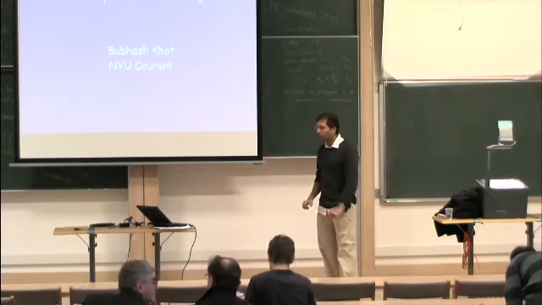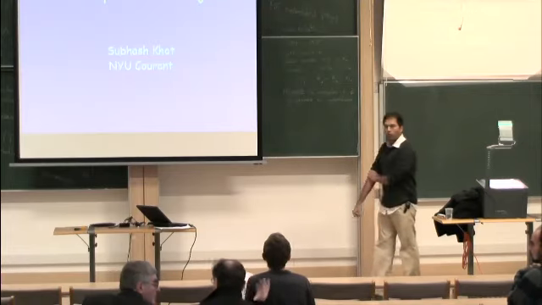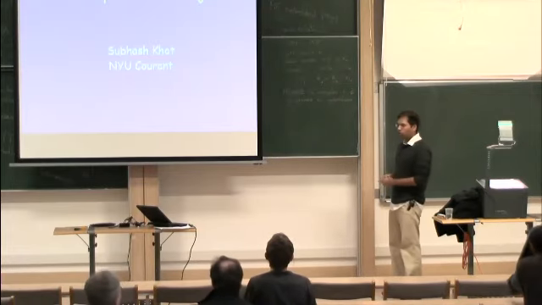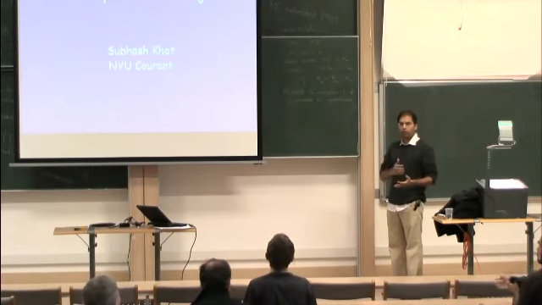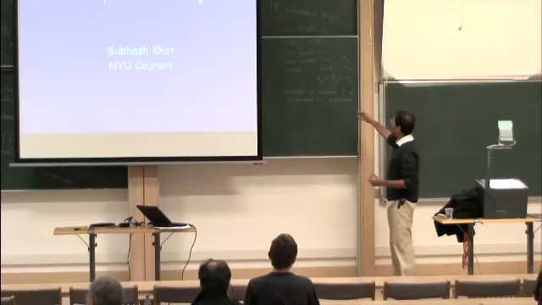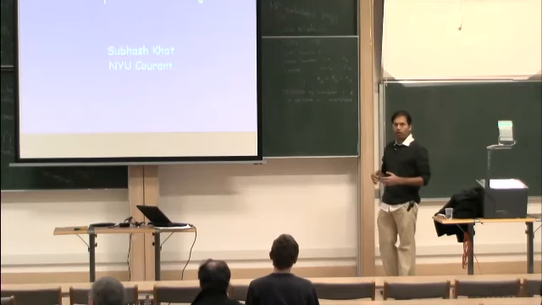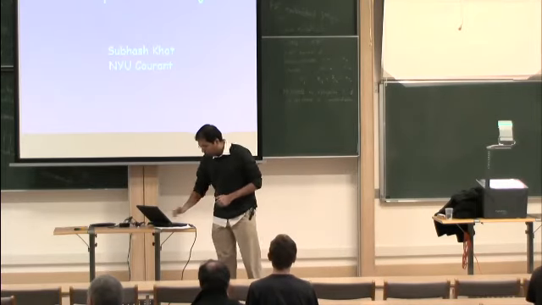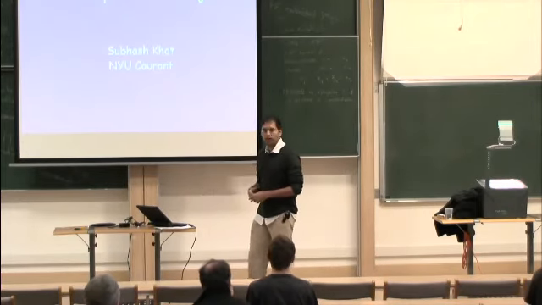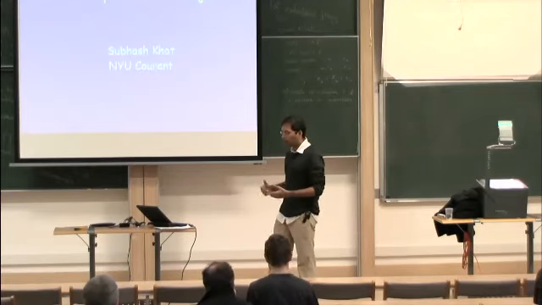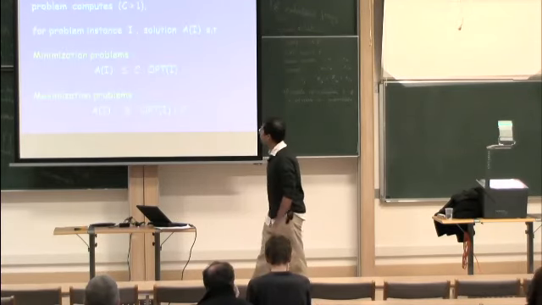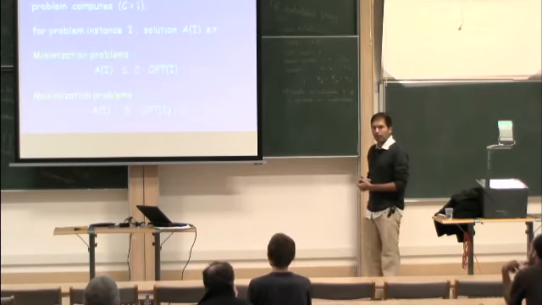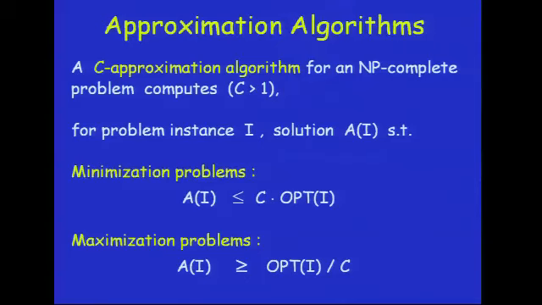Okay? And for every NP-complete problem, or most NP-complete problems, you can usually consider its optimization version. In this case, you are given a formula phi, and you want to find an assignment that maximizes the number of clauses that are satisfied. Of course, it's NP-complete, so you don't hope to solve this maximization problem in polynomial time either. Instead, you could try to design what are known as approximation algorithms.